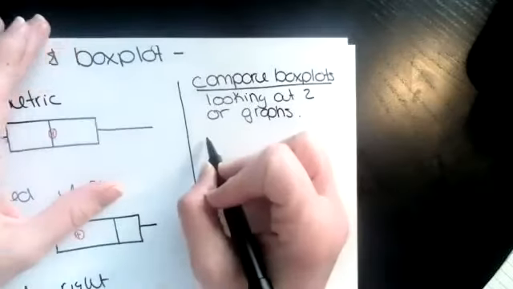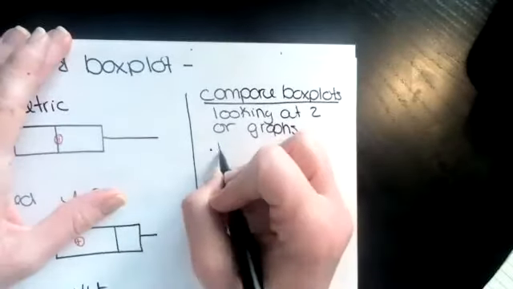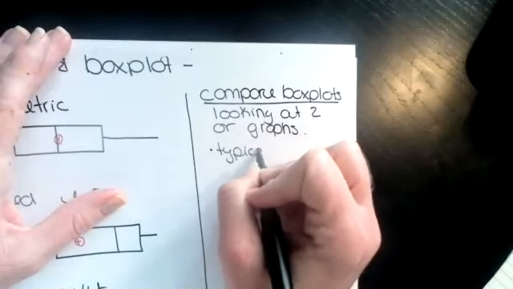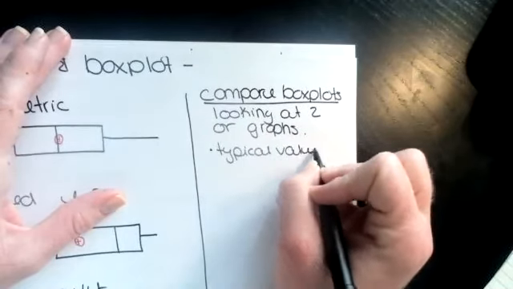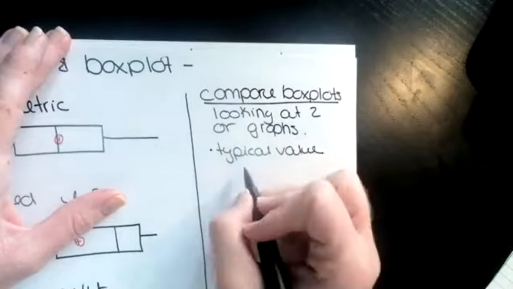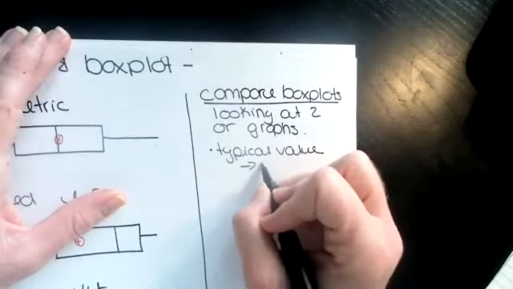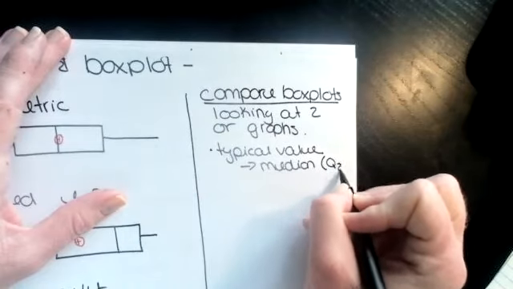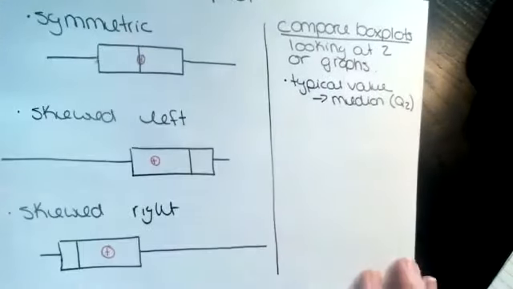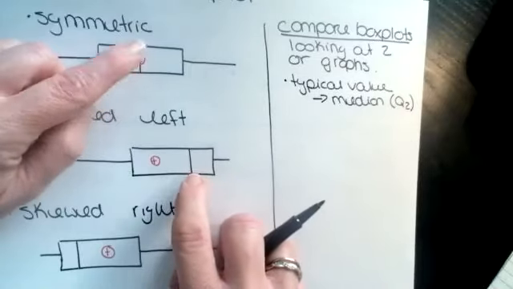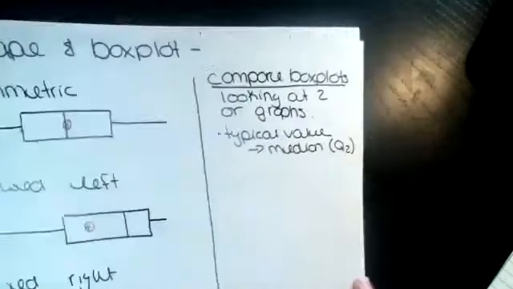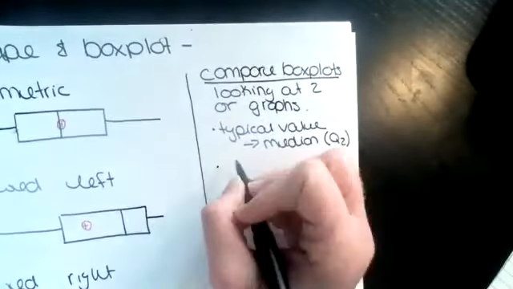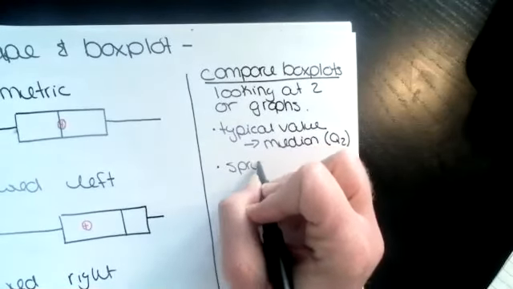So one thing that you can look at and compare between those is the typical value. Remember, the typical value is the center. And when you're talking about the typical value, you're talking about that median, which is quartile 2. So if you're going to compare two box plots, you're looking at that middle line. Okay. The spread, we can talk about the spread.